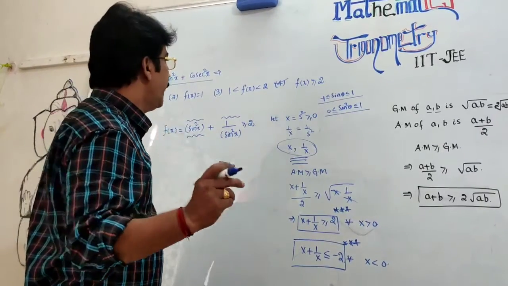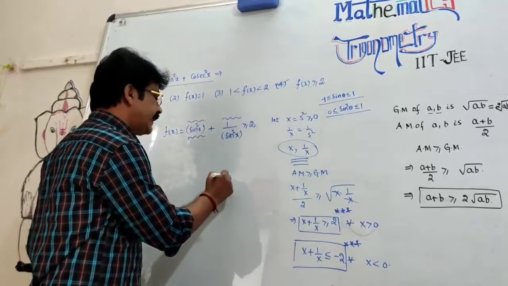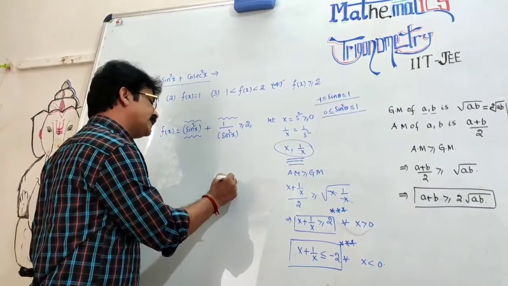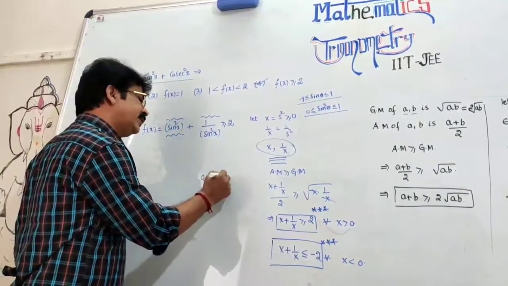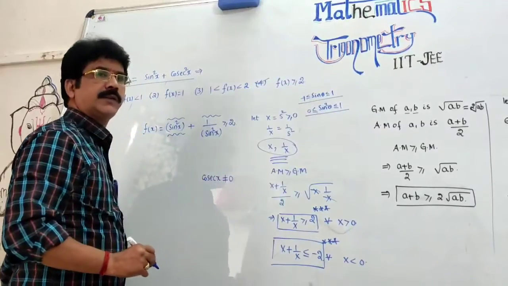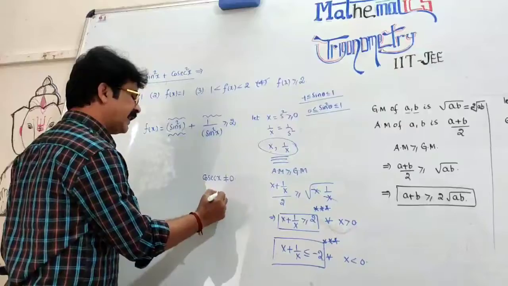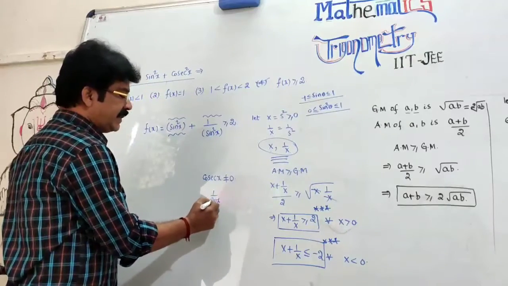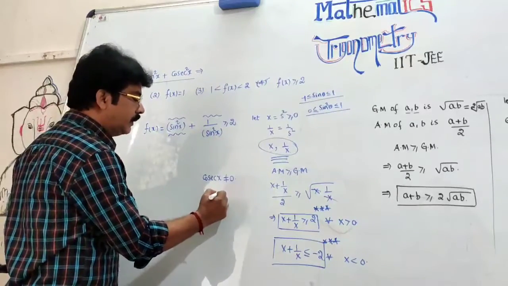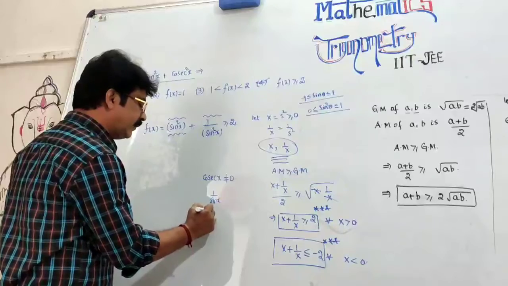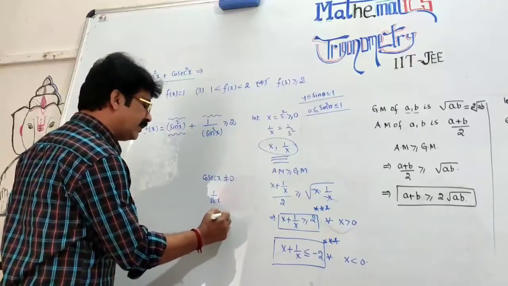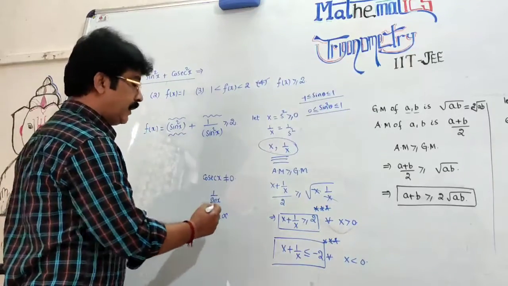One simple note. Actually, cosecant x means 1 by sin x. If sin x is equal to 0, it is 1 by 0, and 1 by 0 means infinity, not defined.